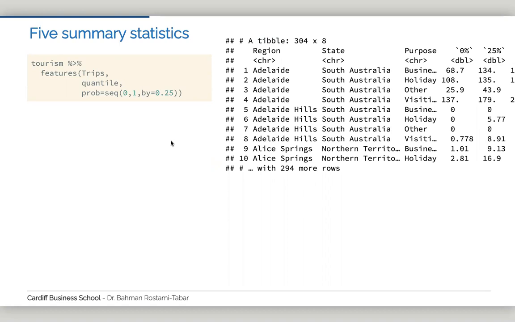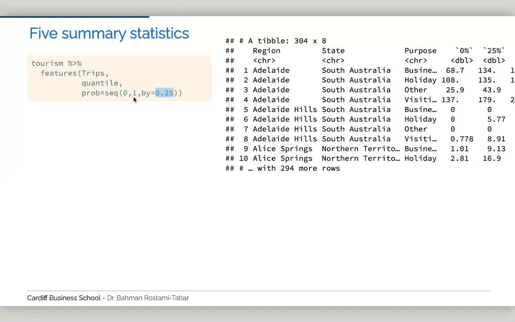If you want to extract these statistics, again you use the same function. The main function is features, then here is the measurement, and the function you have to provide here is called quantile. Then here I provide the different quantiles I want, something between 0 and 1. Again, this is a sequence function that generates the numbers between 0 and 1 with an increment of 0.25.